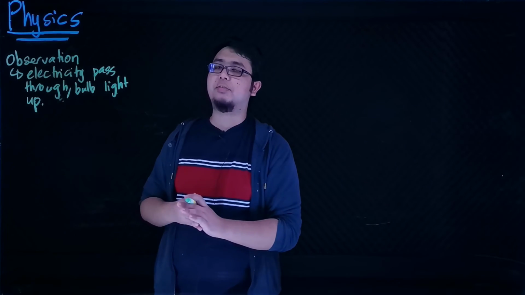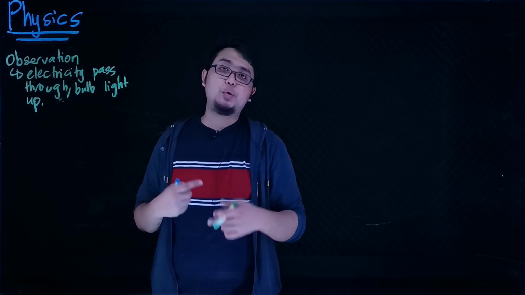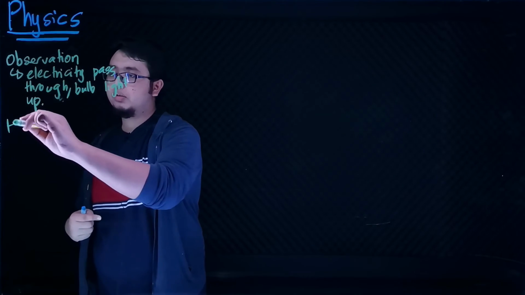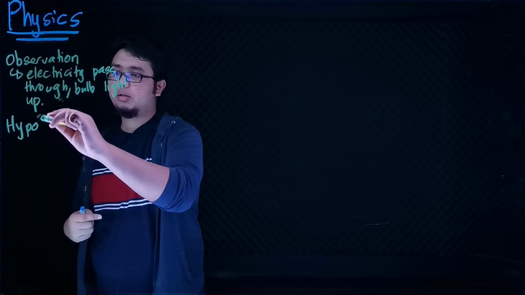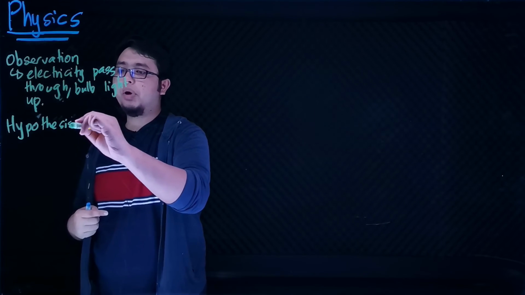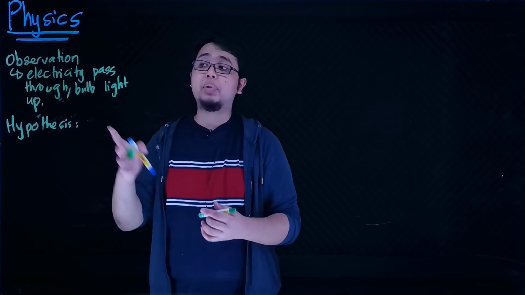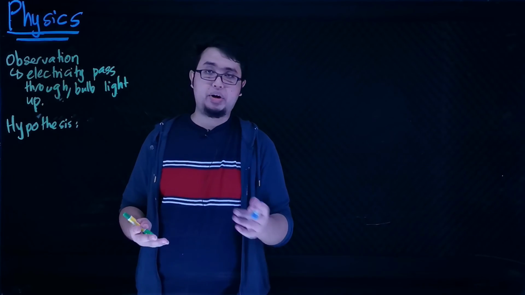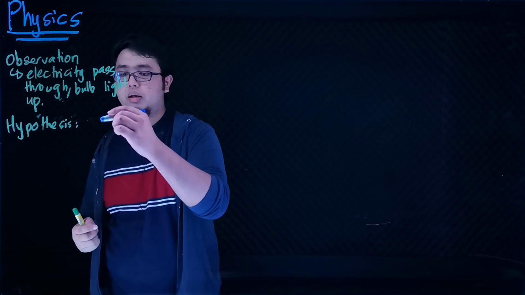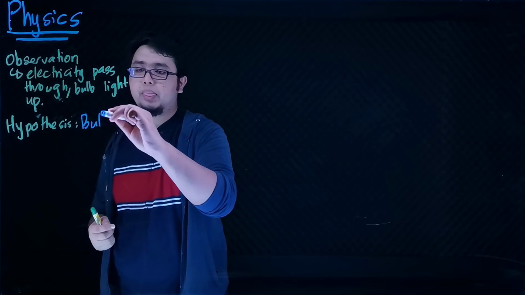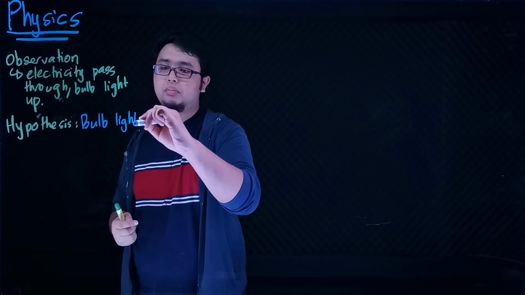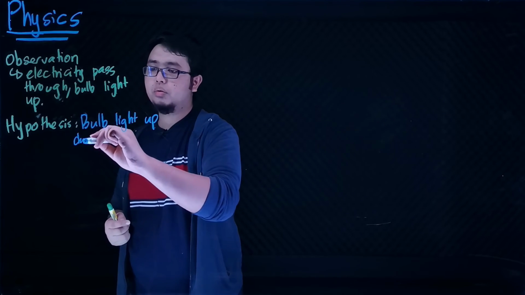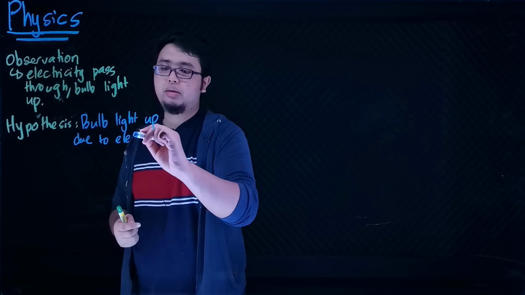When we have an observation, the next step is to form a hypothesis. The hypothesis that we derive from here is that the bulb only lights up when the electricity is present. So we can say that the bulb lights up due to electricity.